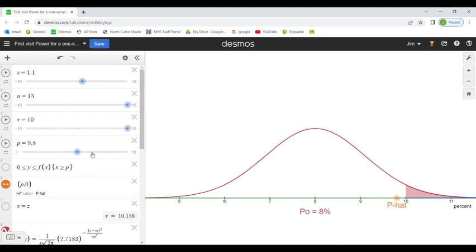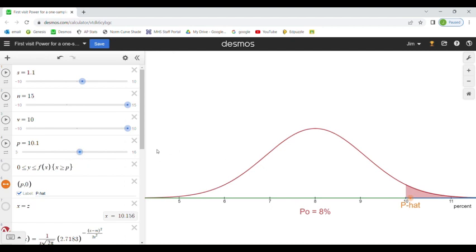And so that's starting to show evidence that maybe the blemish rate is not still 8%, but instead it's actually higher, because it's not very likely to get a p hat in this range out here when the blemish rate is truly 8%. We could get an extreme sample sometimes, but most of the time we're not.